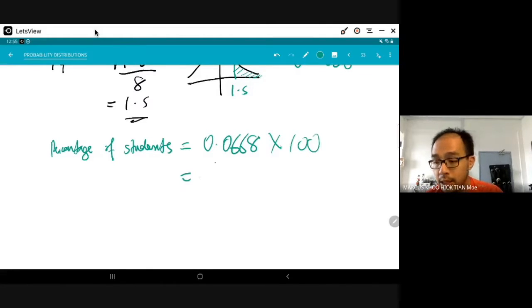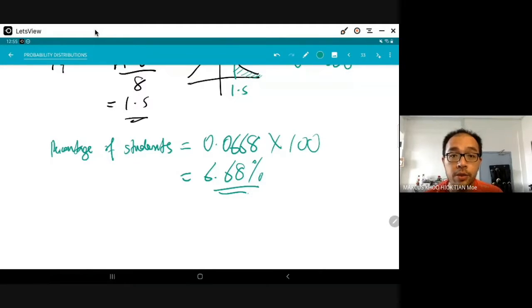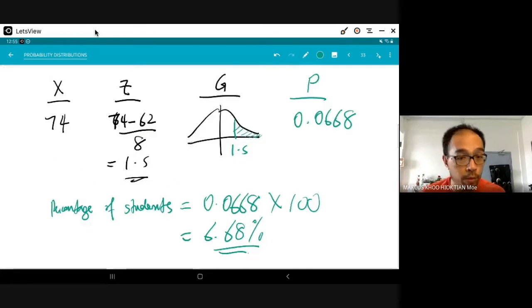So you will get 6.68%. So this is an extra step that is required in the question. Sometimes the question will ask you to count probability, stop. Sometimes the question will ask you to count percentage. But the steps are the same, you still have to find the probability and then convert it to percentage. So nothing really new, just an extra step.